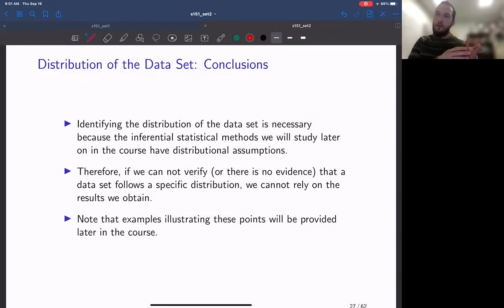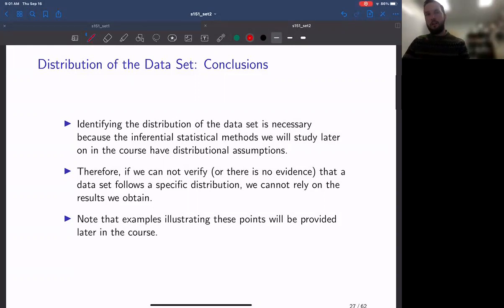And the unimodal symmetric shape is the shape that you would want to be most familiar with, because that is the shape we will see throughout the course. That is a shape that will come back time and time again, and we will see that this particular shape inherits very good qualities and properties that we can utilize later on in this course.